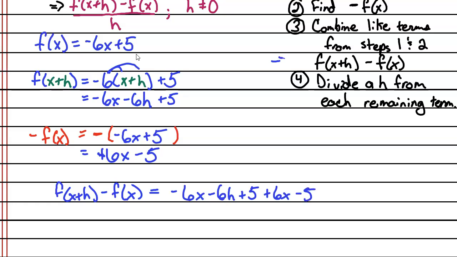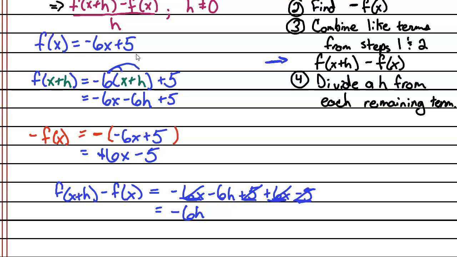And I want to combine like terms. So if you'll notice, the negative 6x and the positive 6x are going to subtract out. The positive 5 and the negative 5 will subtract out, so those will all go away. And I'm left with a negative 6h.